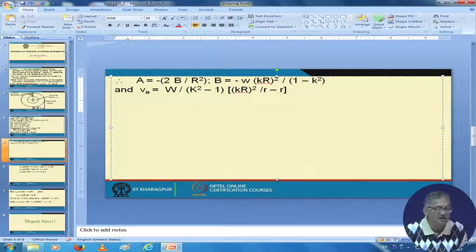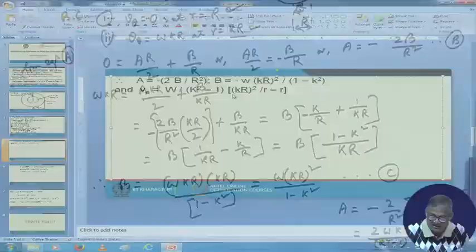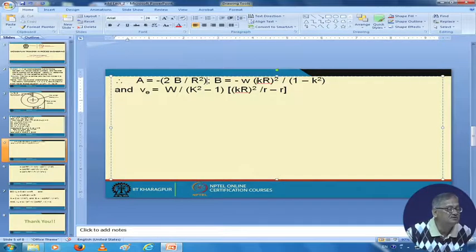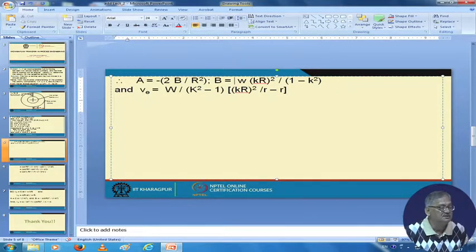and also we got B is equal to omega K R whole square by 1 minus K square, but there is no negative in this, right.